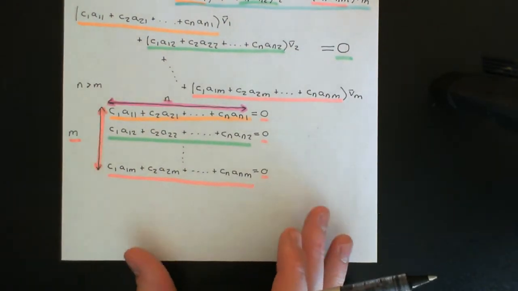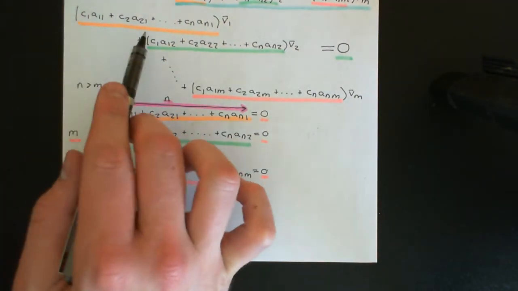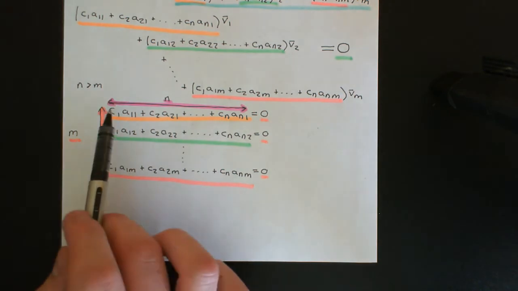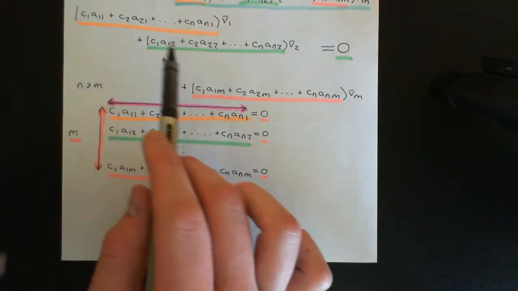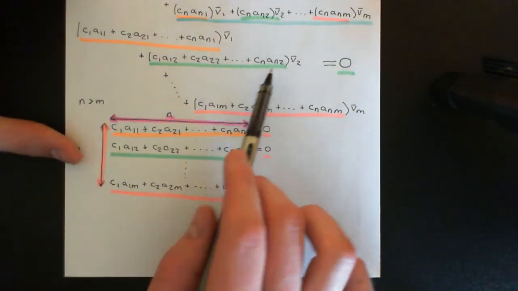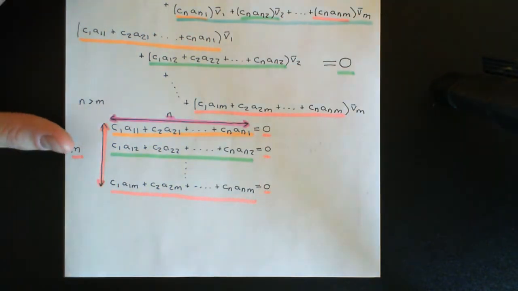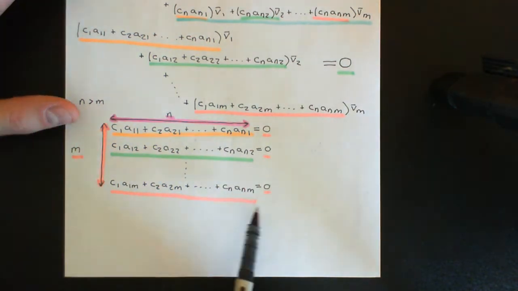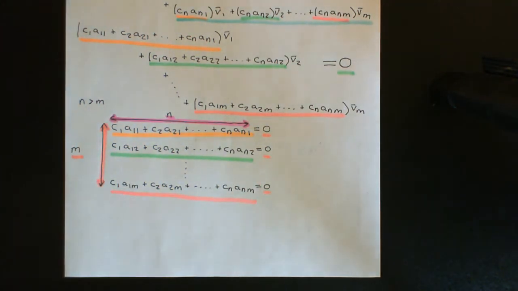Okay, so if we can pick C1, C2, all the way up to Cn cleverly enough, such that all of these coefficients are actually equal to zero in the field, i.e. this system of linear equations needs to be true, then we'll be in business. Then that combination of C1, C2, all the way up to Cn will actually be a linear combination of the vectors v1, v2, all the way up to vn, which gives the zero vector.